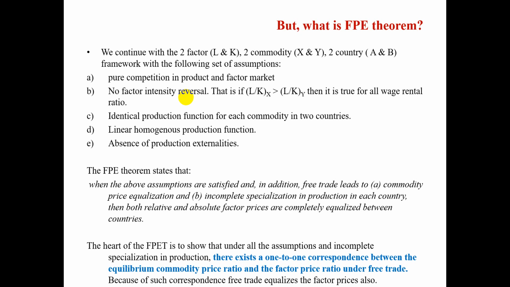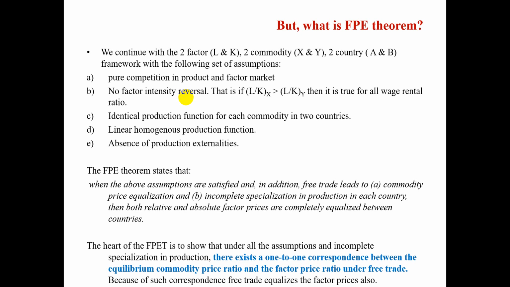Further, we assume that the factors of production are perfectly mobile across the industries, but they are immobile across the different countries. So, if the wage rate in some country is higher, then laborer will not migrate to that country. Similarly, if the return on capital is higher in some countries, then capital will not be moving into that country.